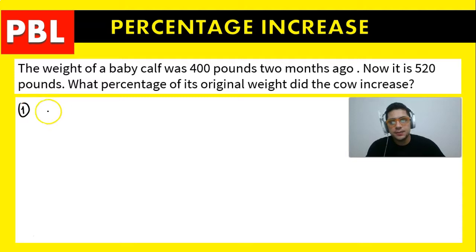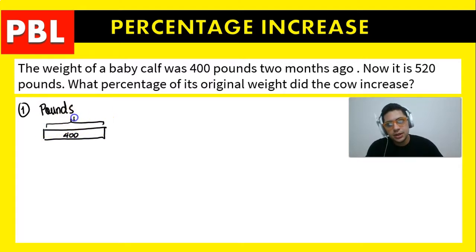We know that the calf had an initial amount of pounds, and then it had a change in the amount of pounds. So initially, the original amount was 400 pounds, right? That was the original amount. So we're going to say that that is the 100%.